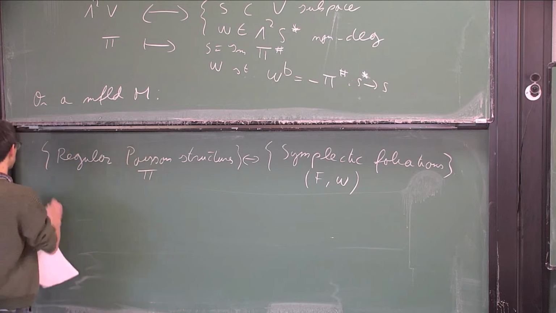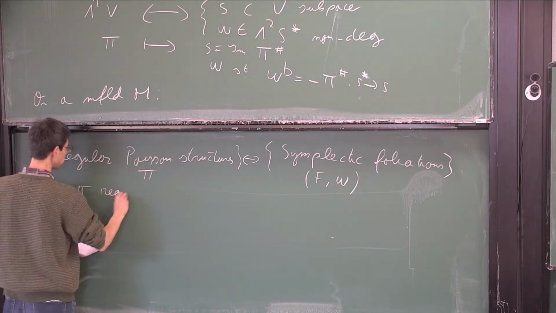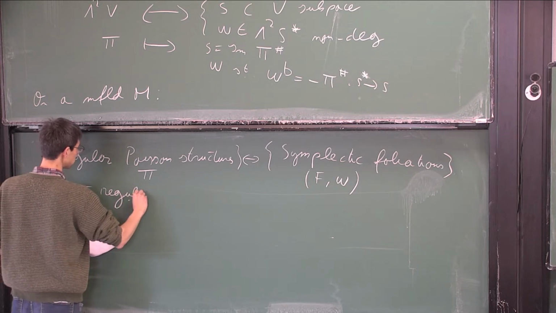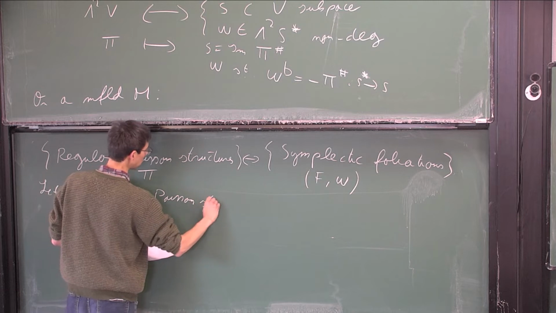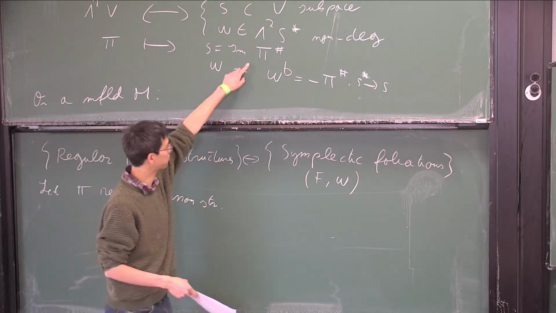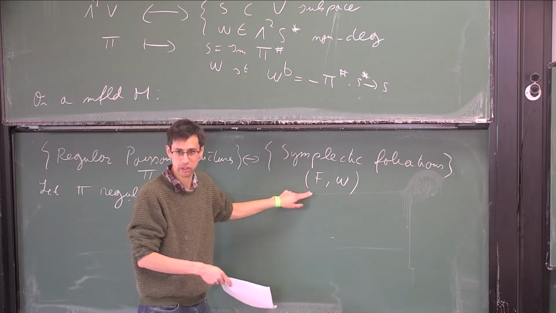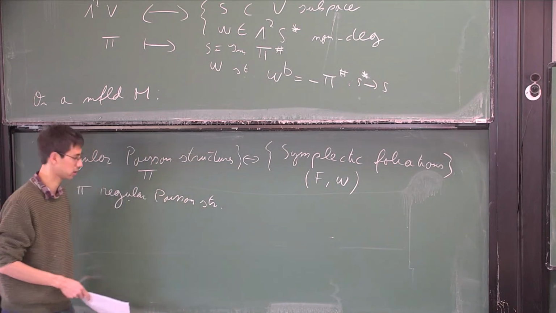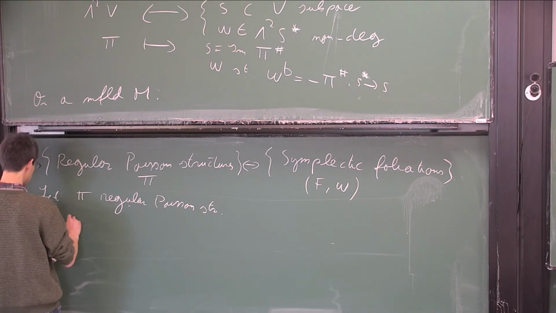Okay, so let me fix now a regular Poisson structure. Also, I didn't say explicitly what regular means. Well, it means that the sharp map has constant rank, so that's why I get a foliation here and not a singular foliation or something like that. Okay. So I make a choice, which is auxiliary and makes things easier.